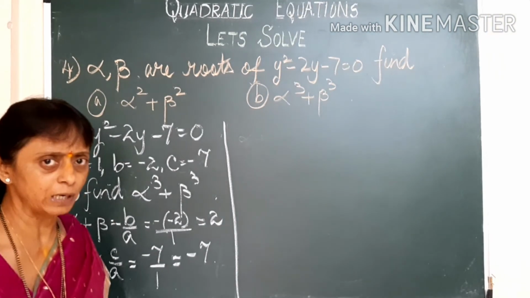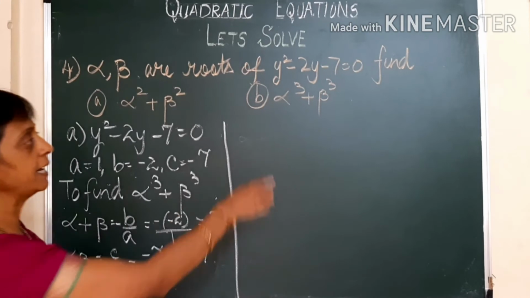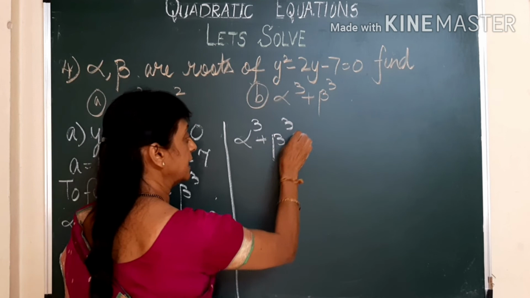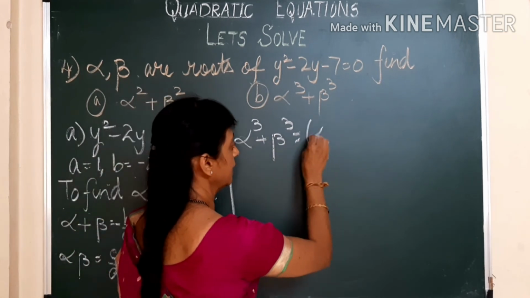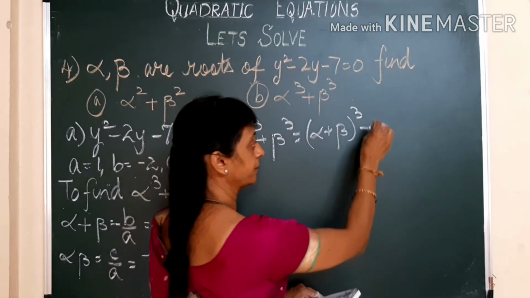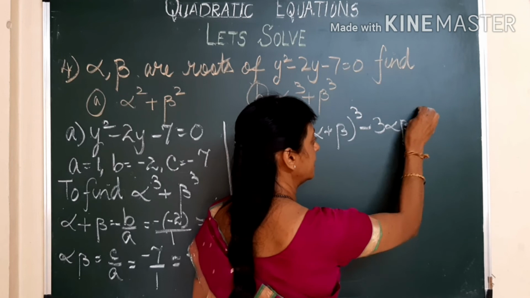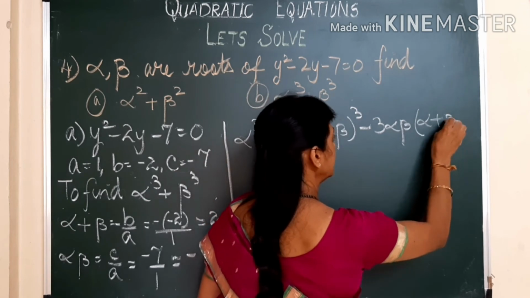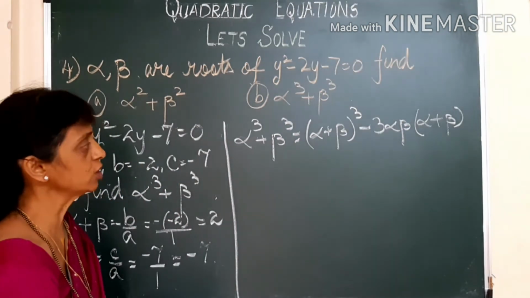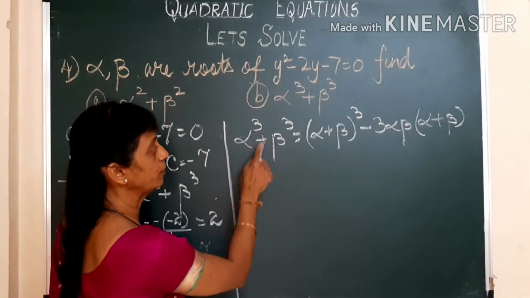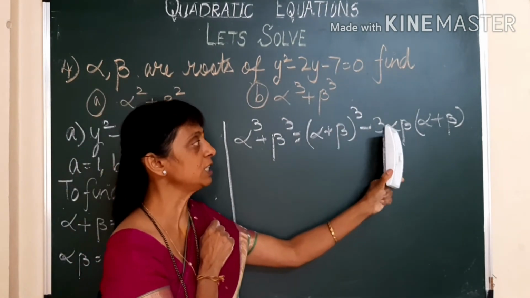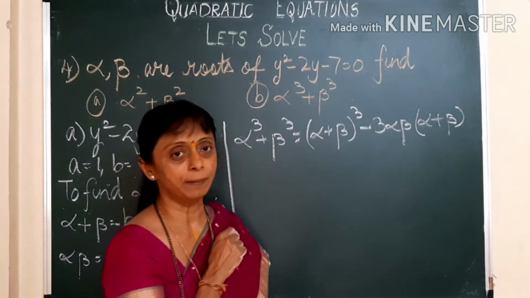If we remember the formula in terms of A and B, let's imply it over here, children. What do we get? Alpha cube plus beta cube is equal to alpha plus beta the whole cube minus 3 alpha beta into bracket alpha plus beta. This we have already learnt in terms of A and B. We have just changed it to alpha and beta. Like A cube plus B cube was always equal to A plus B the whole cube minus 3 into A into B into bracket A plus B.